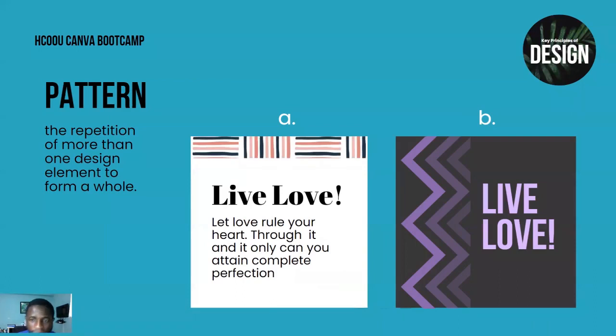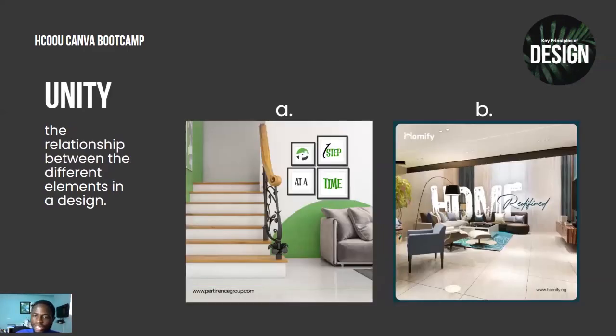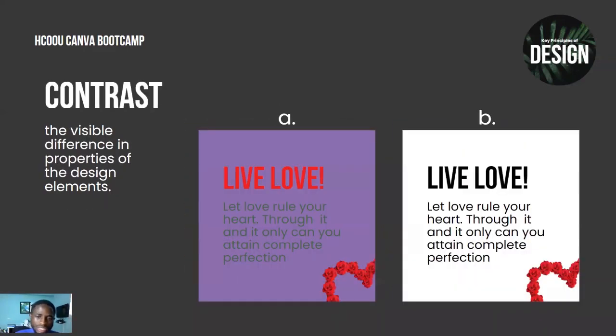We did pattern, which is something that will make your design look nice, and using it creatively, I mentioned it brings a very good African feel and makes some blank spaces look unique. Then contrast, that's making your elements different but at the same time unified, which is why unity is next. So through contrast, you are making your elements different, but you are also building one design in total.